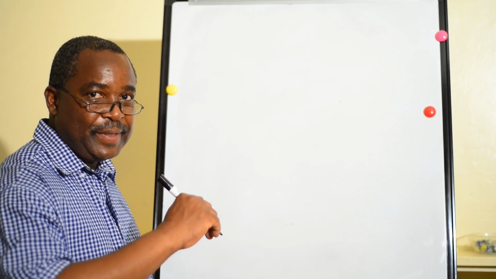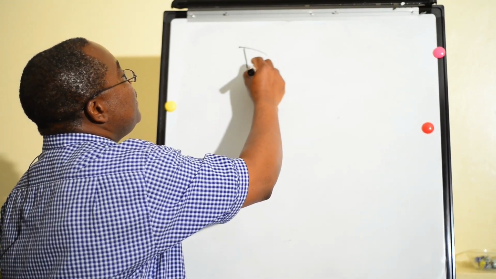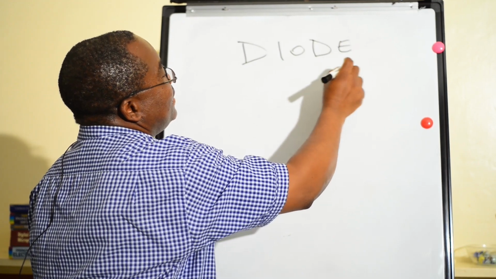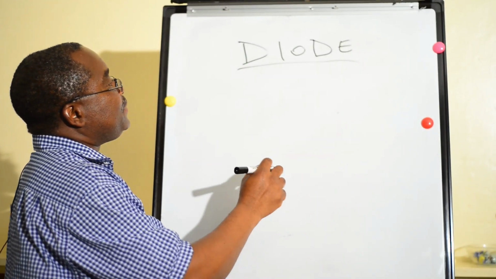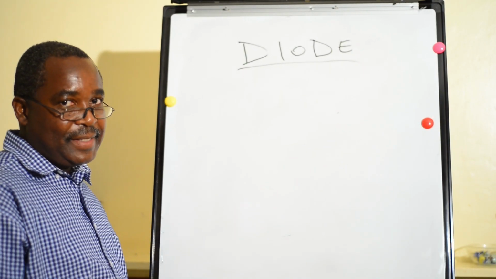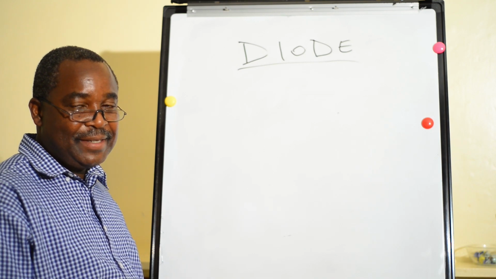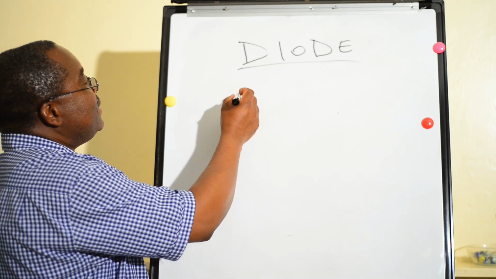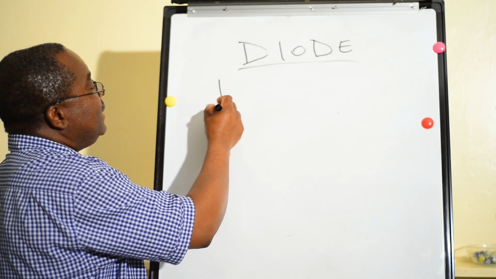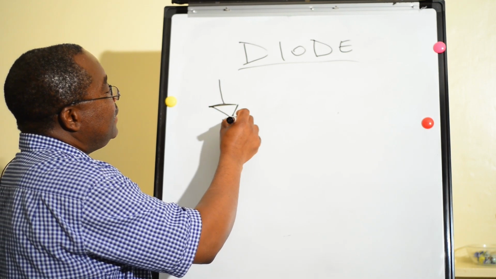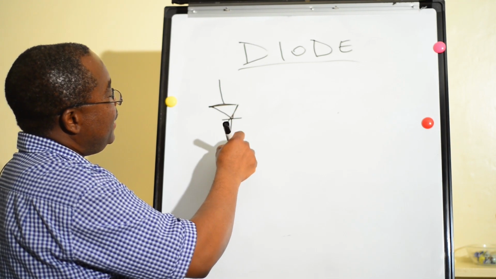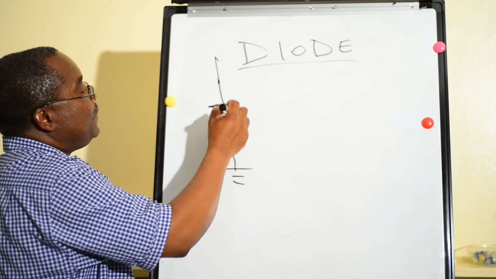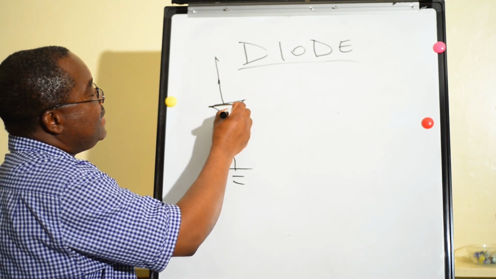Let's continue with the diode as a switch. We have seen that a diode is a semiconductor device which allows the current to flow in one direction. So we can have our diode here, and we are saying this is our switch.